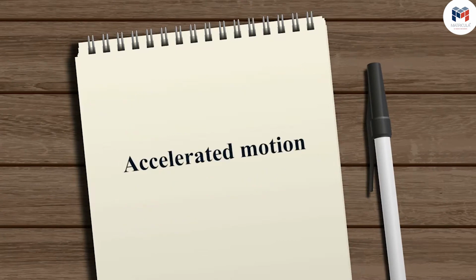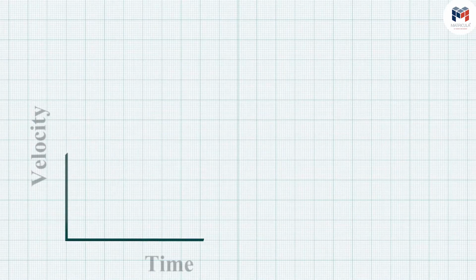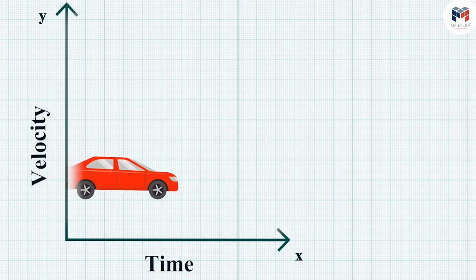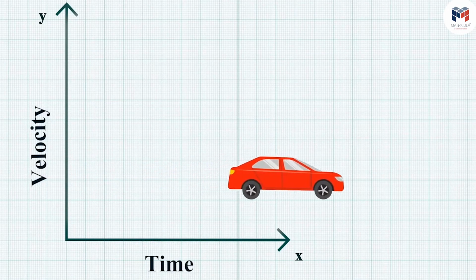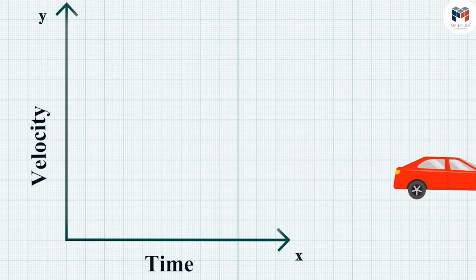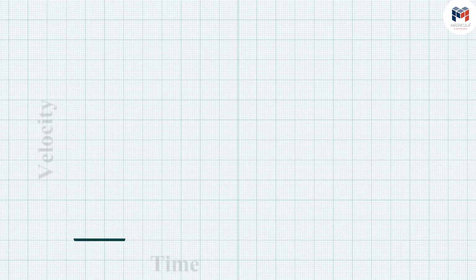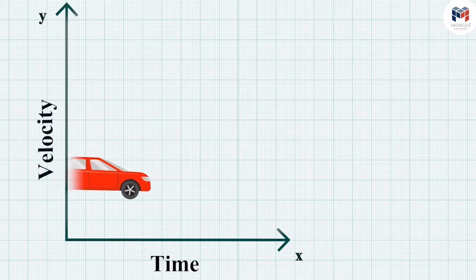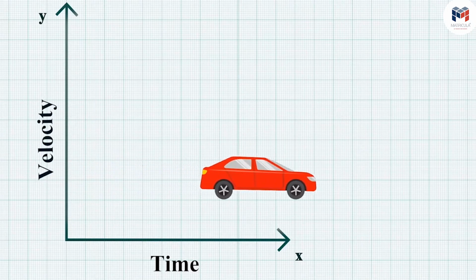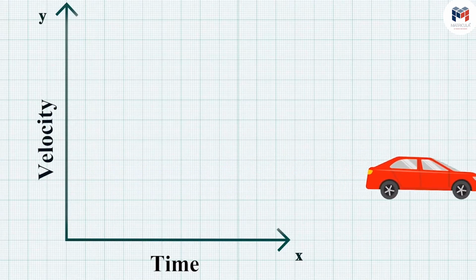Now, let us consider the accelerated motion. Let's first discuss the effect of uniform acceleration on the velocity time graph. In uniformly accelerated motion, velocity changes by equal amounts in equal time intervals.